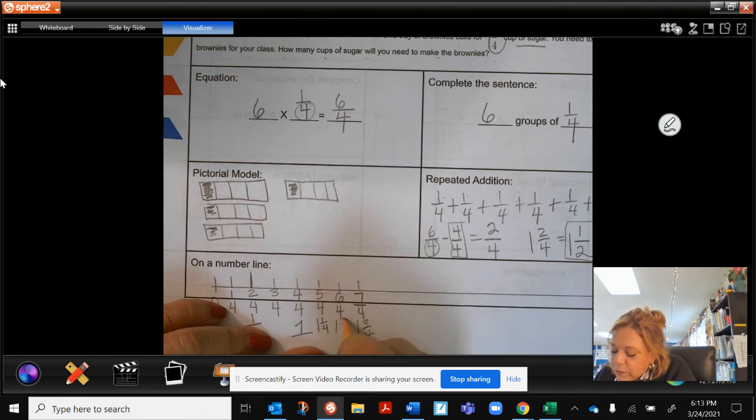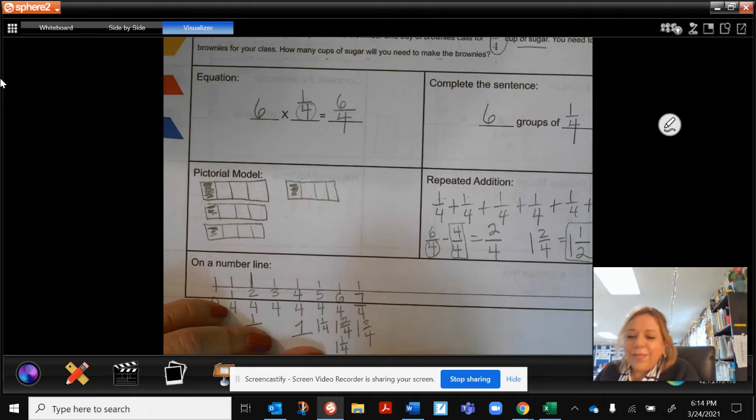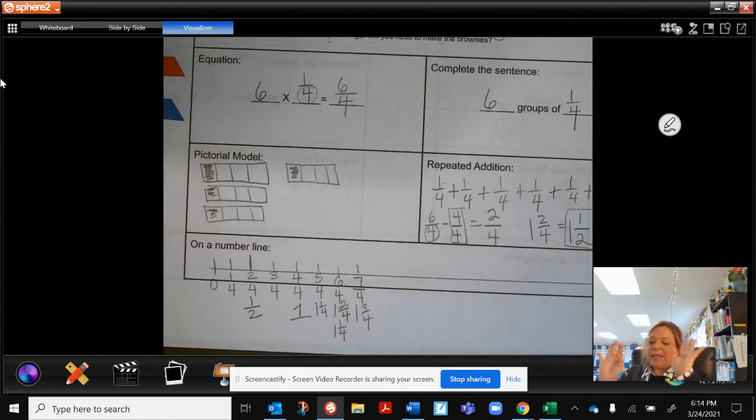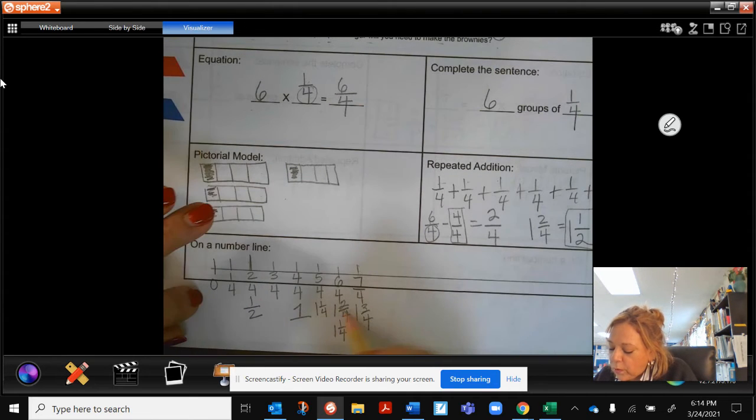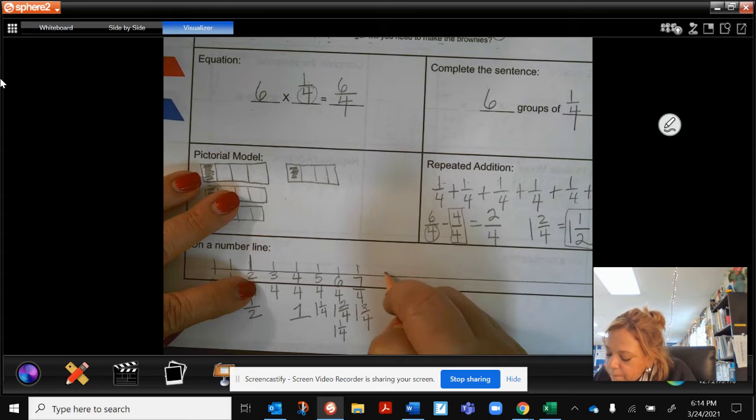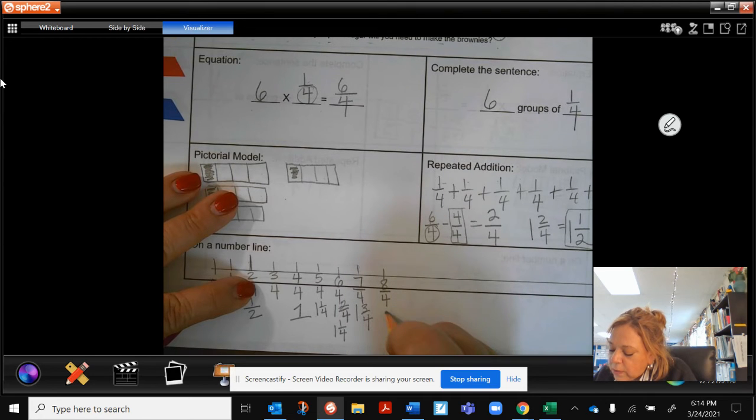This is 1/4, this is 2/4, which is also the same as 1 and 1/4. That's what was bothering me. So I had to fix that up. Sorry about that. So I have 1 and 1/4, 1 and 2/4, 1 and 3/4. And this is going to be 8/4, which is equal to 2.